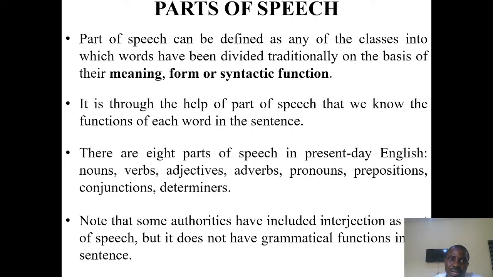Next, there are 8 parts of speech in present day English: nouns, verbs, adjectives, adverbs, pronouns, prepositions, conjunctions, and determinants. But remember that some authorities included interjection as a part of speech.